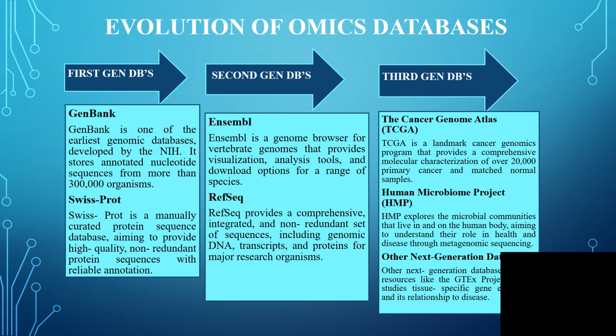For example, HMP data has been used to link gut microbes to mental health conditions like depression. GTEx, the Genotype-Tissue Expression project, studies gene expression across tissues, such as identifying genes linked to heart diseases or organ-specific cancers. These highlight how databases have evolved from simple data storage to driving breakthroughs in personalized medicine and beyond.